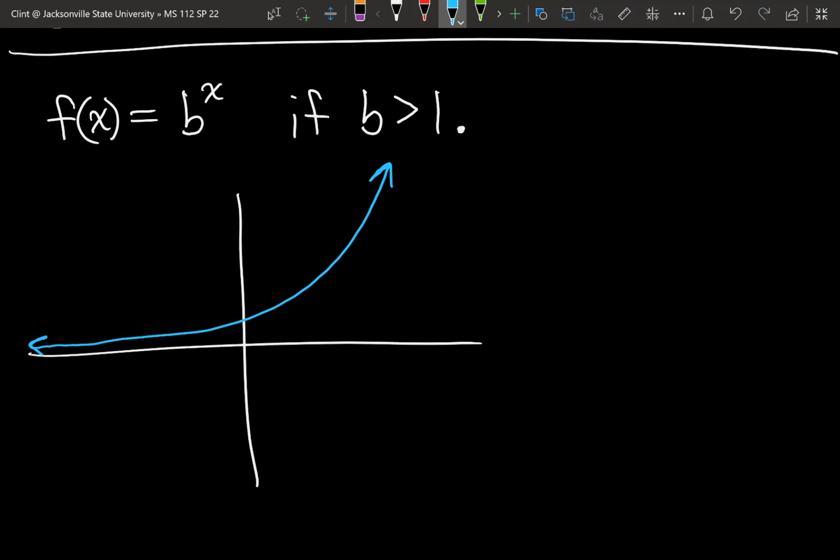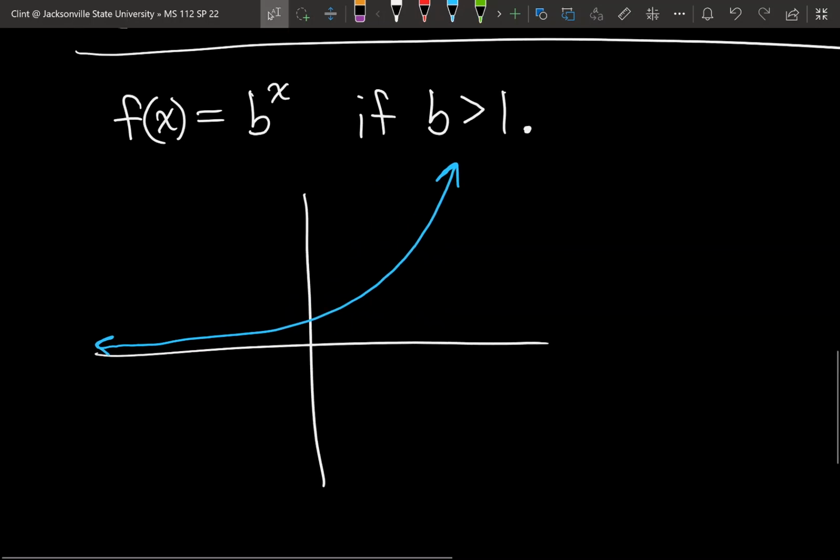Couple of remarkable things here. As we go off to the left, our y values are getting really small, getting closer and closer and closer to the x-axis, but it never actually gets there. So that's what we call an asymptote. So the line y equals 0, or the x-axis, is what we would call a horizontal asymptote.